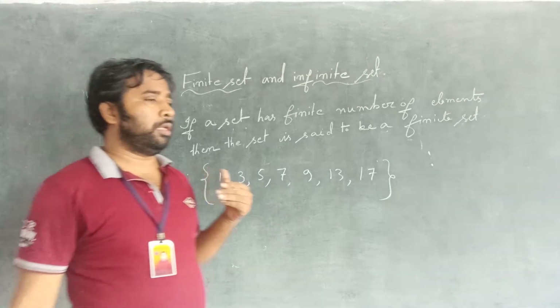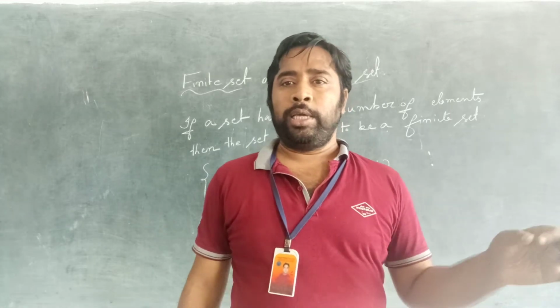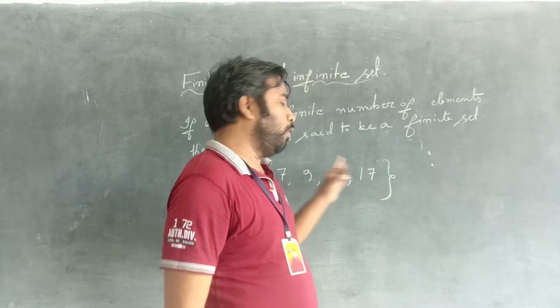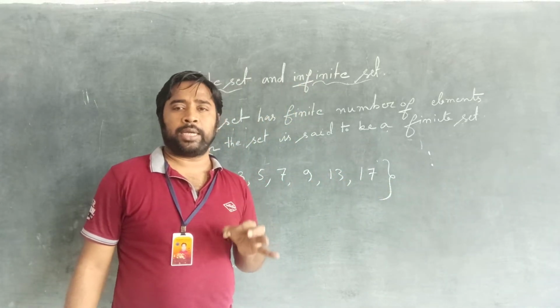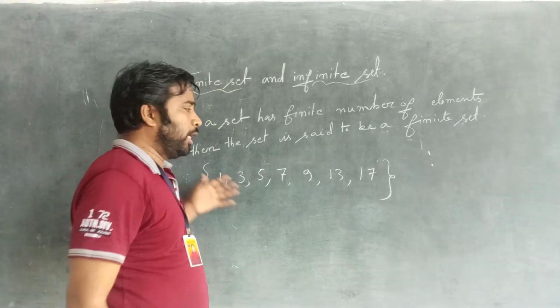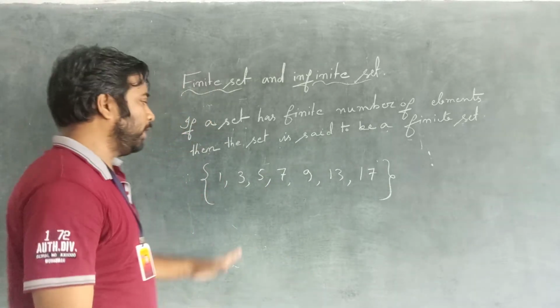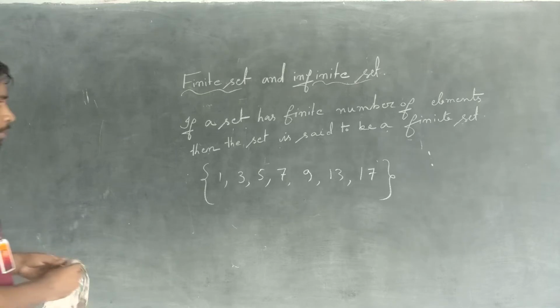Or another way we can say, if the last number is known to us, if we can find what is the last number, then also it is a finite set. क्योंकि लास्ट नंबर अगर पता चल जाएगा तो हम लोग नंबर ऑफ एलिमेंट्स काउंट कर सकते हैं. So if a set has finite number of elements, then the set is said to be a finite set, and this is the example of a finite set.